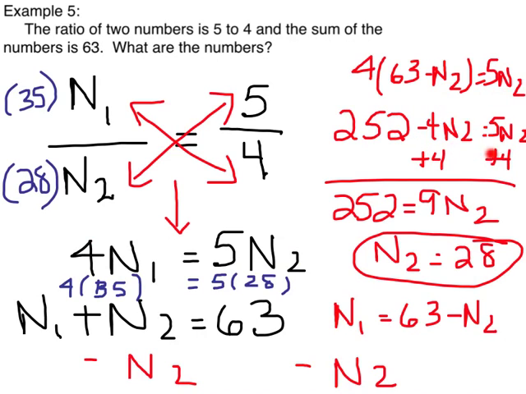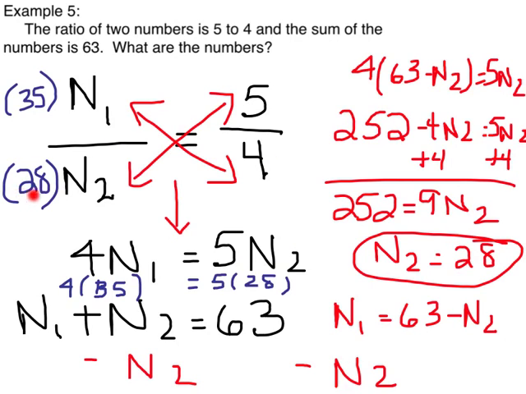I'm going to add 4 n2 to both sides, and I get 252 equals 9 n2. If I divide both sides by 9, I will find that n2 is equal to 28.